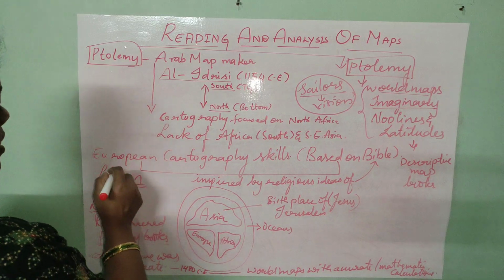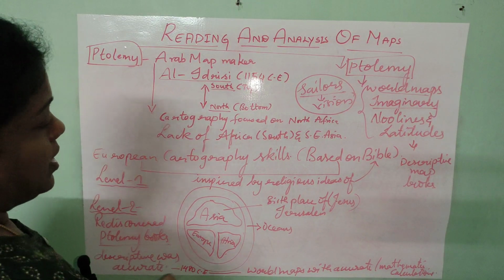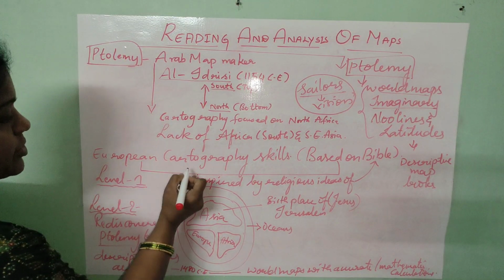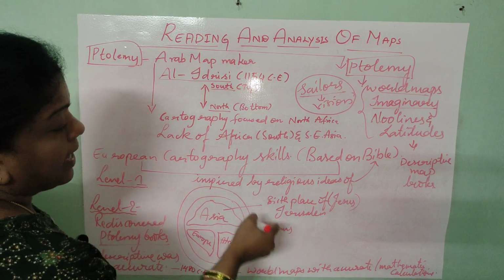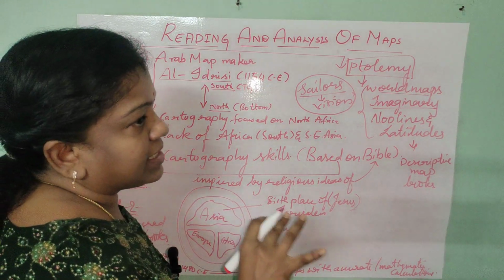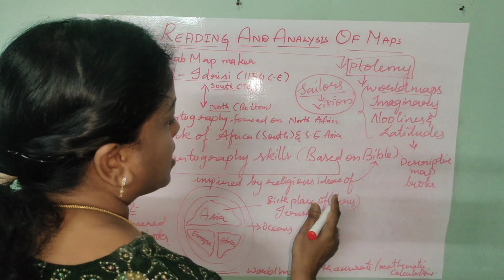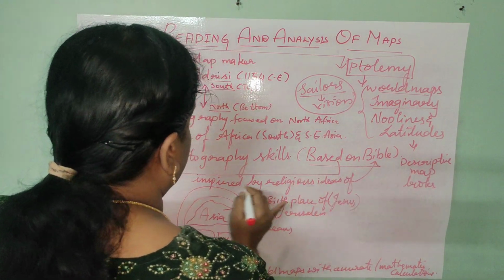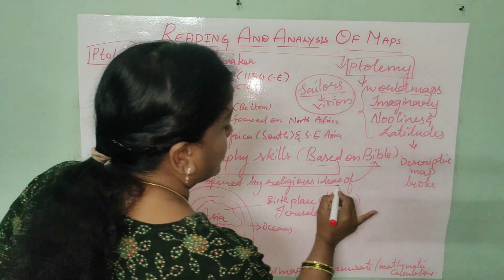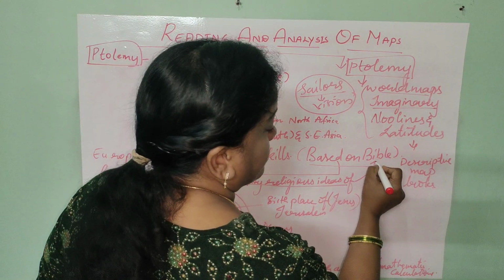Then after, the Europeans projected the world map by imagining the world around them like a round covered with water bodies, based on the Bible, because they were inspired by the religious ideas of the Bible.